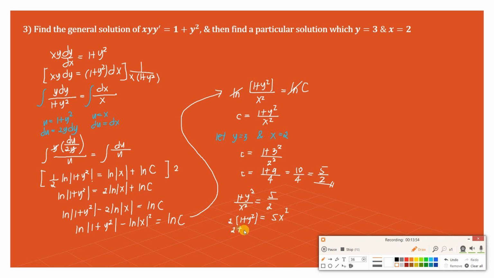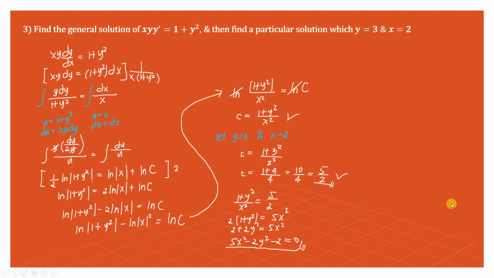So, if we're going to get the general equation, so we have 5x squared transpose minus 2y squared, 2 transpose minus 2 equals to 0. So, yun na yung magiging general solution then, if you want. But again, okay na to. Okay na to.